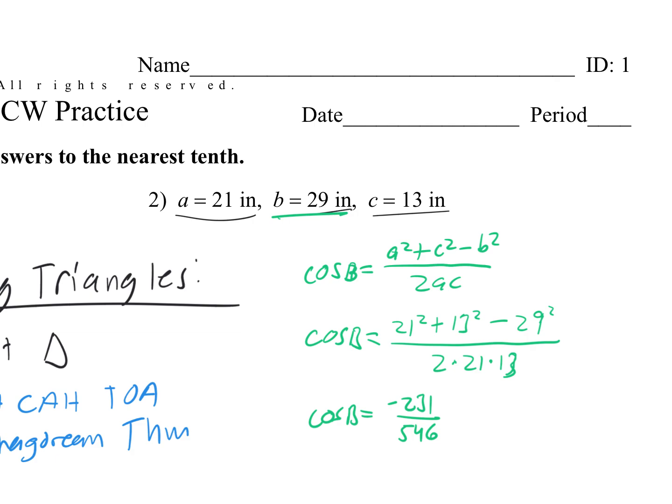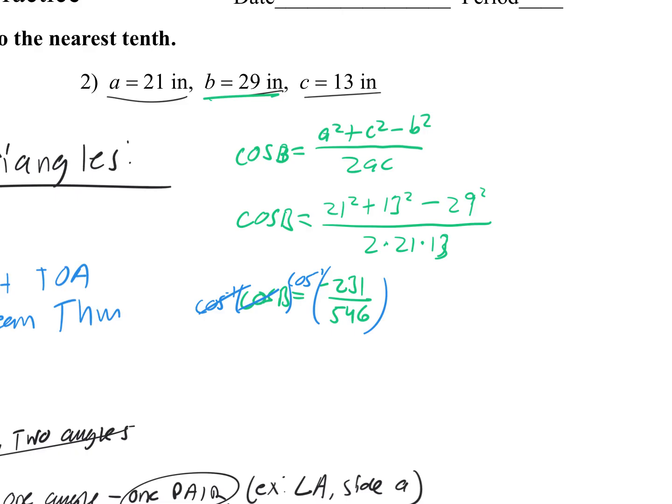And then to get B by itself, I would do cosine inverse of both sides. And then we can plug this into our calculator to get angle B. So I should get that angle B is 115 point, well, to the nearest tenth, it'll just be 115 degrees.